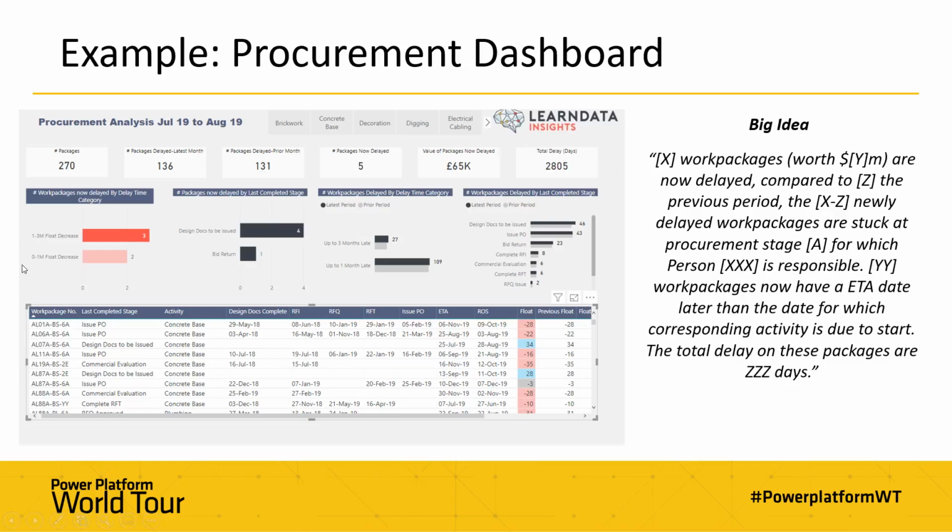So here we start with the high level metrics, number of packages, number delayed last month, delayed prior month, now delayed. And then we've got the value of those work packages now delayed and the total delay. So we've got some key high level metrics here. And then we've got some details as to those work packages that are now delayed, the packages by last completed stage, and then those ones that are delayed by delay time category and last completed stage.